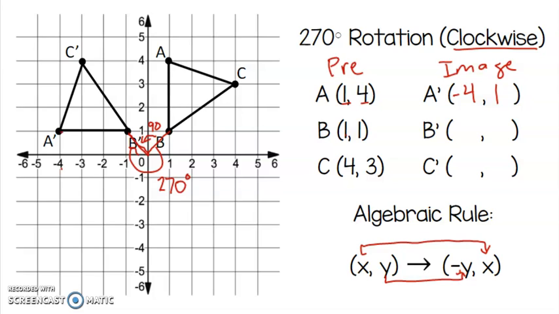Okay, all right, with B to B prime, swap, change the sign of y. -1, 1. That works. C to C prime, swap, change the sign of y.